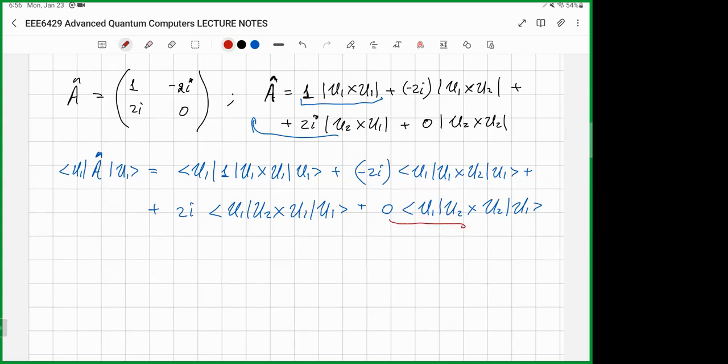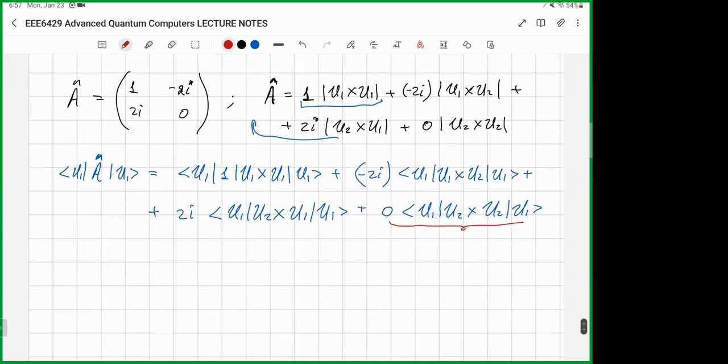So this one definitely equals 0 because it is multiplied by 0, but also it gets 2 times this product u1 u2 u2 u1, which both equal 0. Next, this u1 u1 equals 1 because the vector is normal, but this u1 u2 is equal to 0 because the vectors are orthogonal.